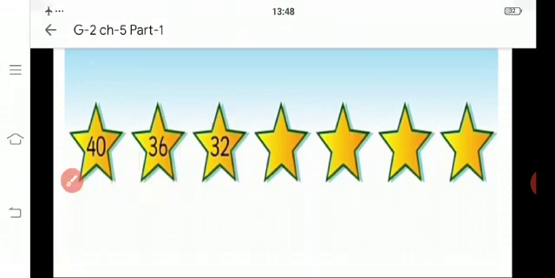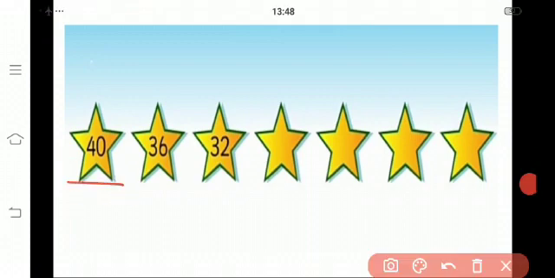Look at the first number. What is it? 40. What is our next number? 36. Already we found it is in decreasing order.